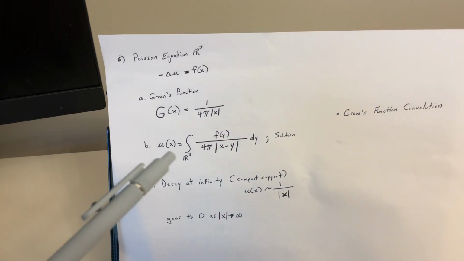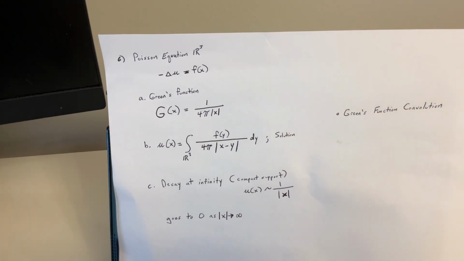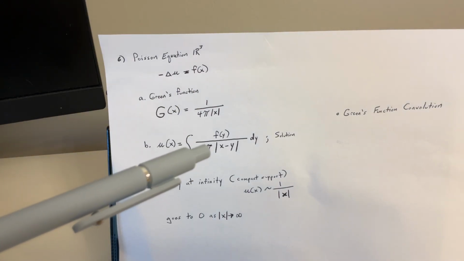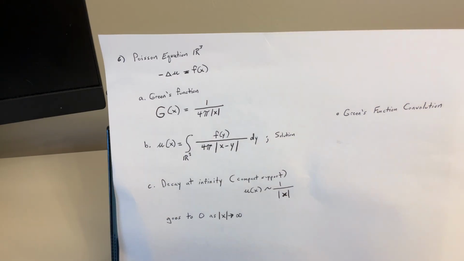B, u of x is going to be the integral over this 3D space of f of y over 4 pi times the absolute value of x minus y, integrating with respect to dy.